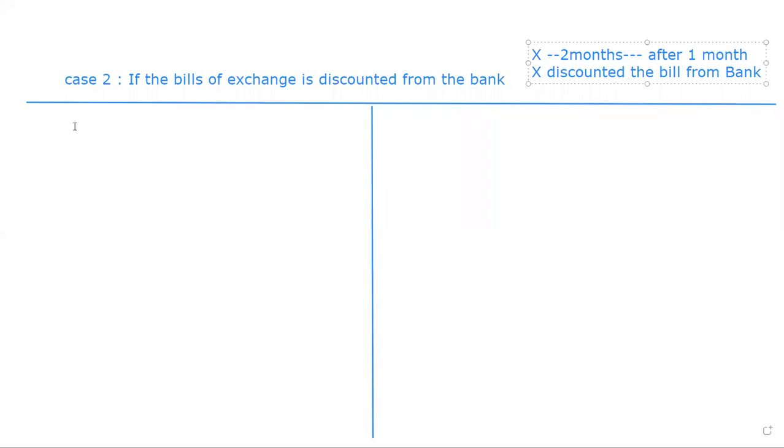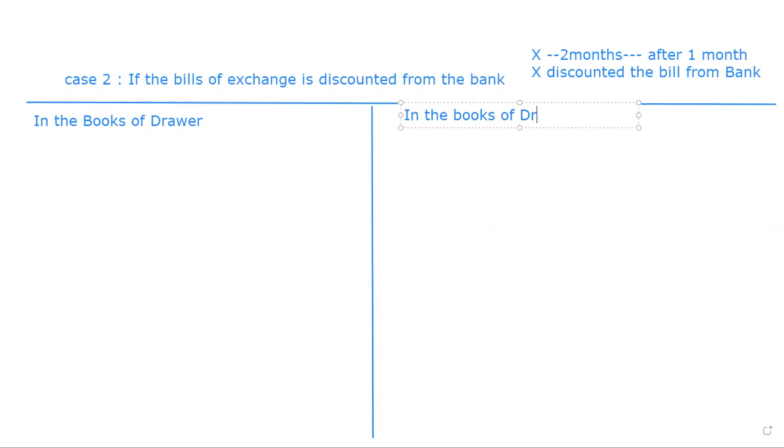Now, what entries are to be made in the books of the drawer?